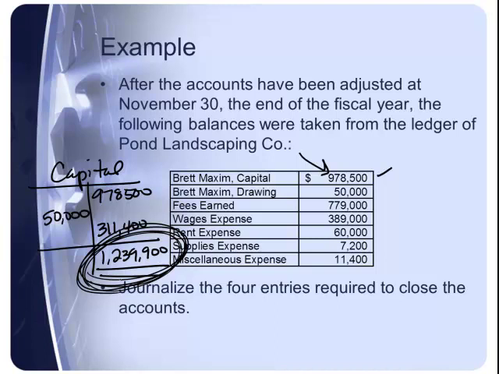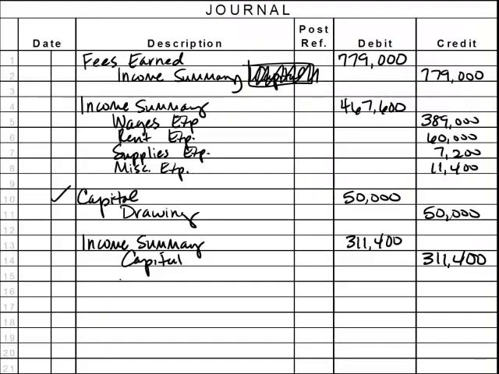So you've got to let it hang out in the income summary account before you shift it into capital. There's only 4 of them though. Okay, so you know that you've covered all your bases with closing entries, unlike adjusting entries. Any questions on those 4?